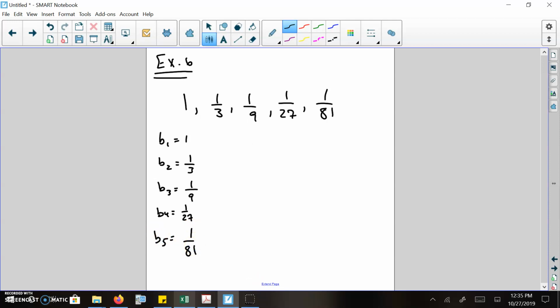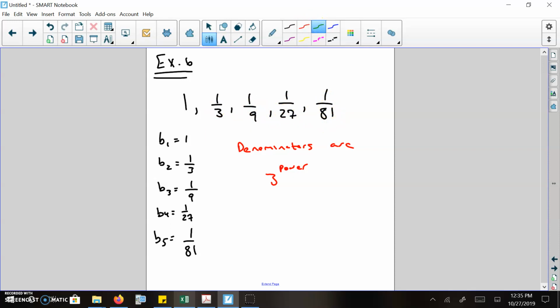Okay, now what you'll notice on this one is all of these numbers on the bottom, denominators, are 3 raised to a power. Okay, this is 3 to the first, 3 squared, 3 cubed, 3 to the fourth.